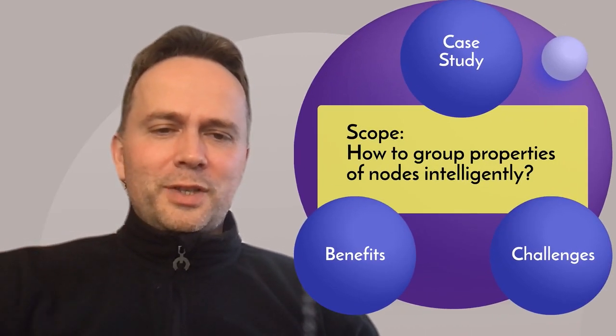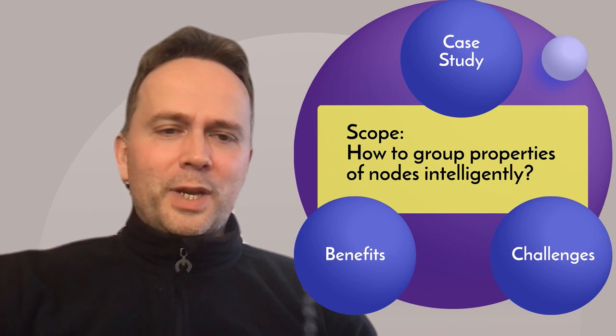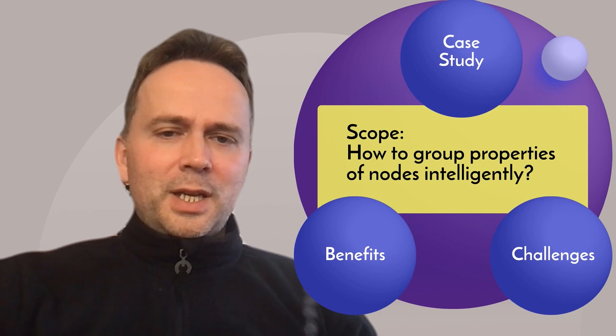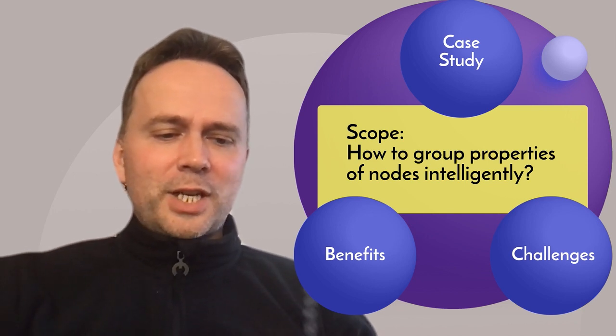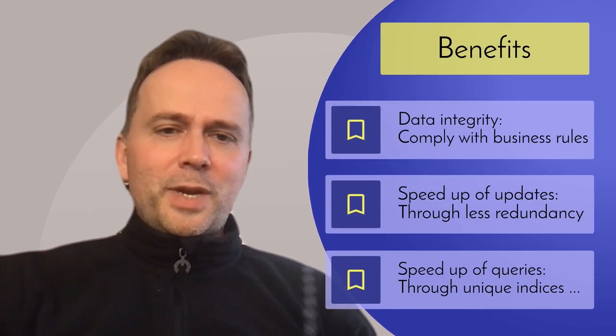We want to achieve a framework where we can apply classical normalization theory to property graph models. So the real question is how we can group properties of nodes intelligently so they benefit data management.